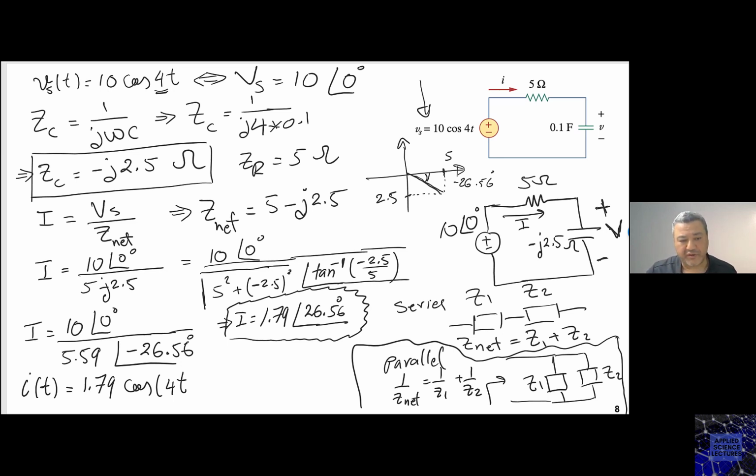You have to be careful. You have to find the correct angle first after you convert them from the rectangular format into the polar format. And then, if you have a polar divided by a polar, then you divide the amplitude and you subtract the phase angle. So this one would be now plus 26.56 degrees.